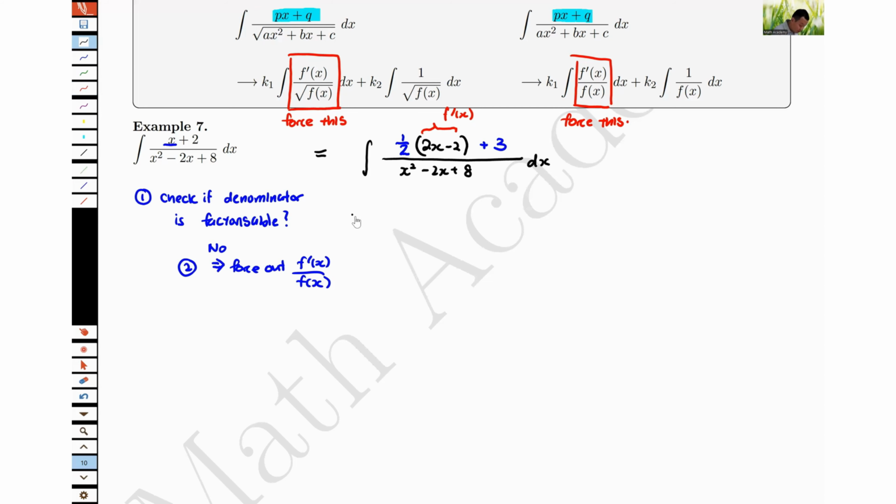And once you have this, you split. Split the fraction at this plus, split into 2 fractions. Left-hand side, let me put the half outside. So we have 2x minus 2. For that term on the right, we put the coefficient of 3 outside also.